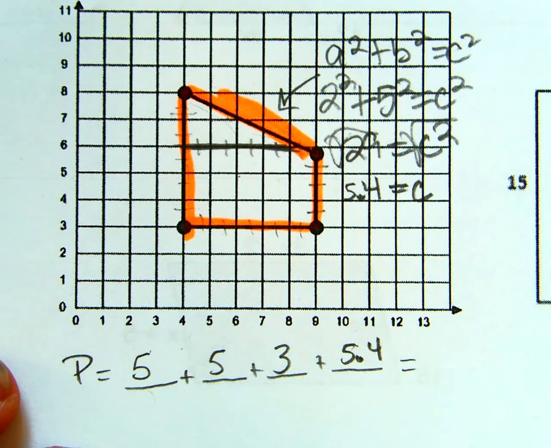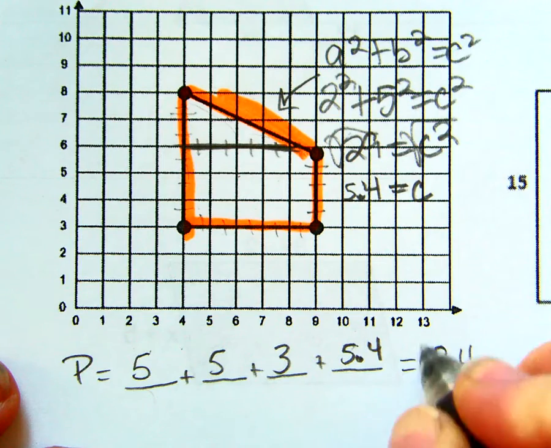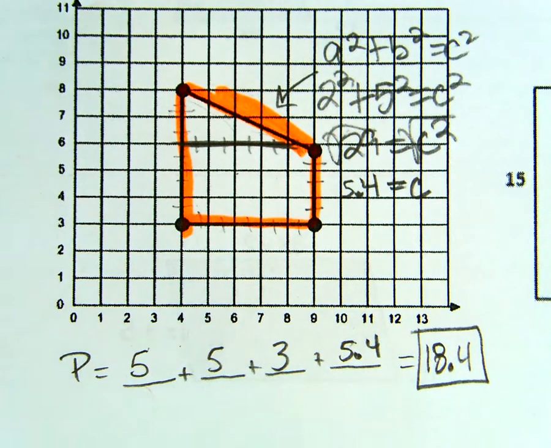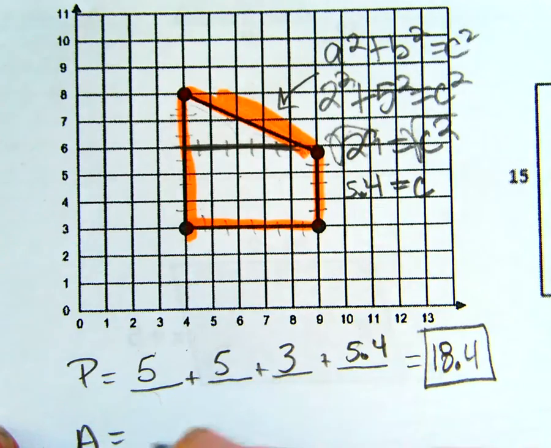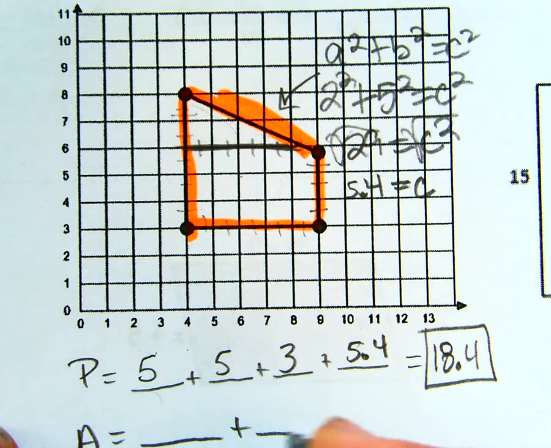So then I can just add 5 and 3 to my 5.4, and I ended up with a perimeter of 18.4. Okay, but when I'm doing area, I really only need to add 2 numbers together.